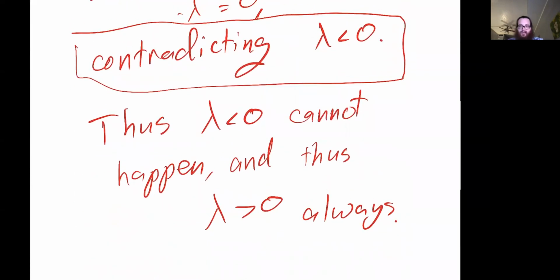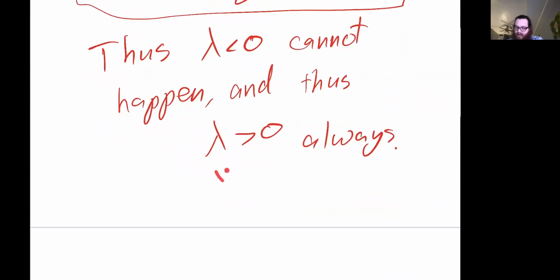Lambda can't be 0. That was the first case. Lambda can't be negative. That was this case. And so what we're left with is lambda has to be positive. And in particular, we got this was n pi over L quantity squared.